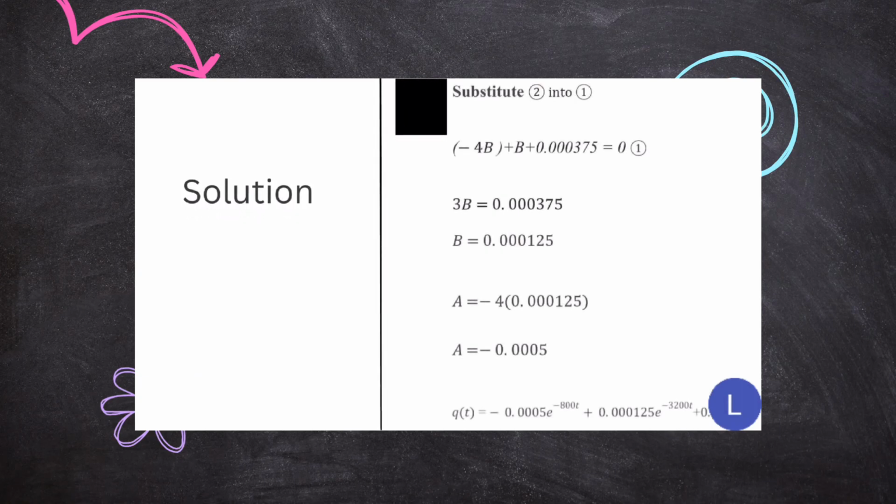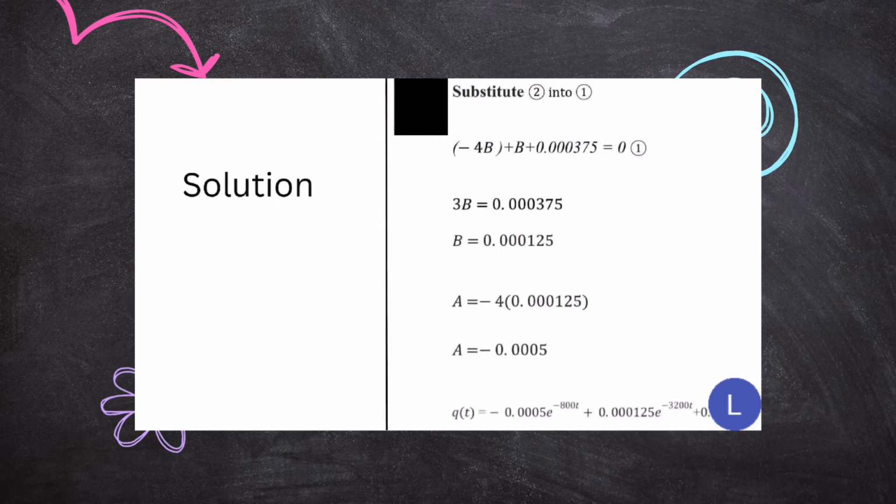Substitute equation 2 into equation 1 and we will get negative 4B plus B plus 0.000375 equals 0. And then we will calculate them and finally get B equals 0.000125, and A equals negative 0.0005.